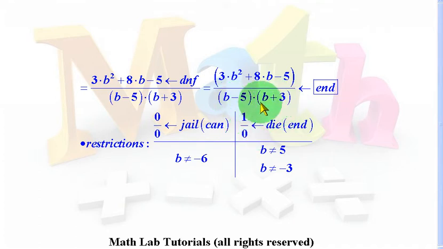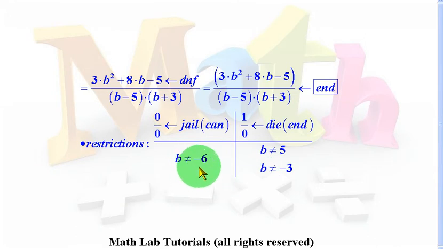We have two factors. We have to make sure that that factor is not 0 and that factor is not 0. When you put b minus 5 not equal to 0, you get b not equal to 5. And when you put b plus 3 not equal to 0, you get b is not equal to negative 3. So at the end of the day, you have one hole restriction and two vertical asymptote restrictions.